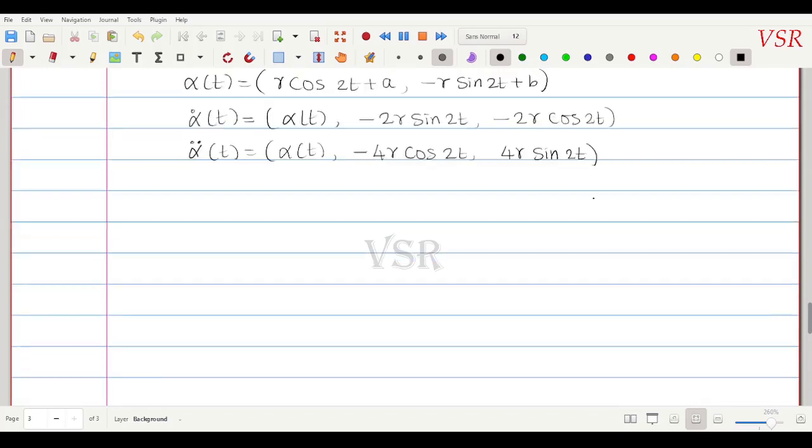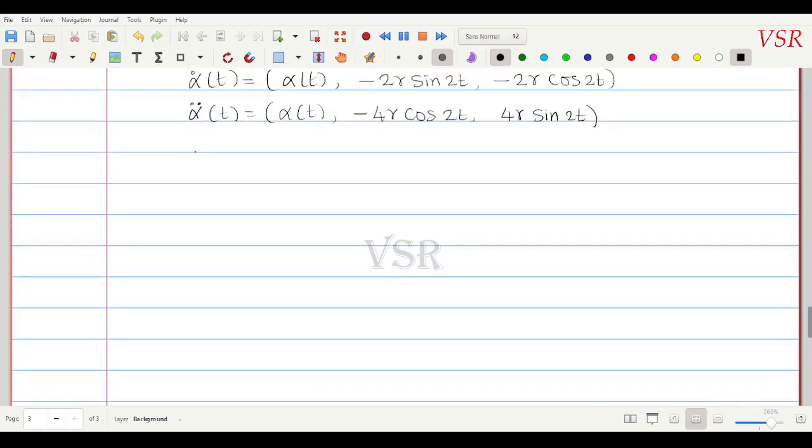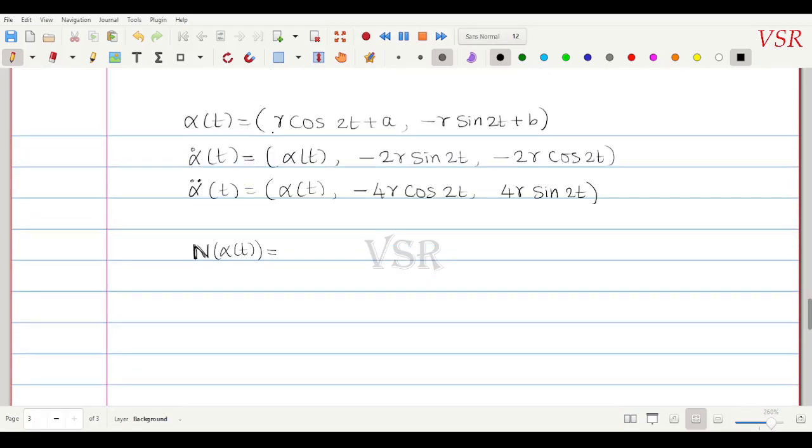Okay, now we will go for what is n of alpha of t, we are going to calculate that. So n of alpha of t, what is it? Here alpha is x1 of alpha, so we have this as my alpha of t.